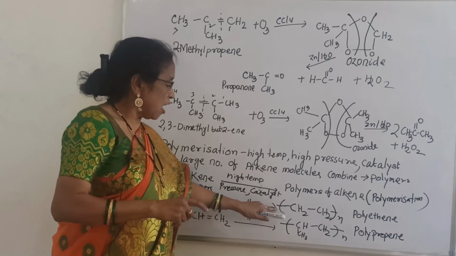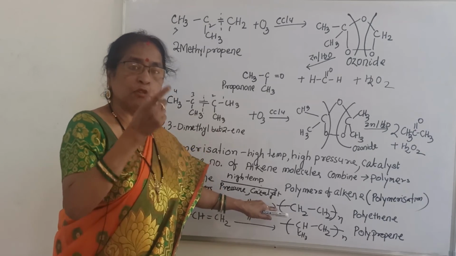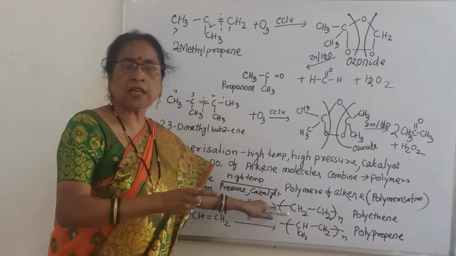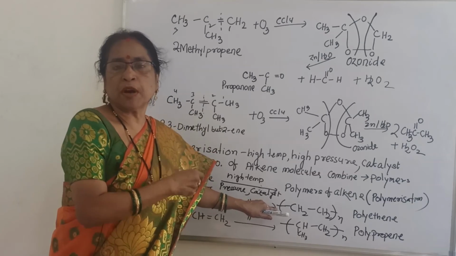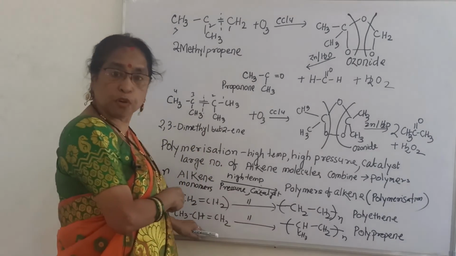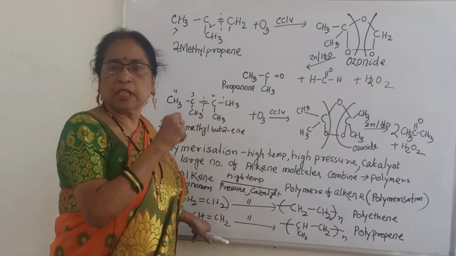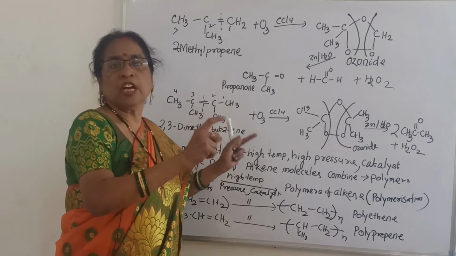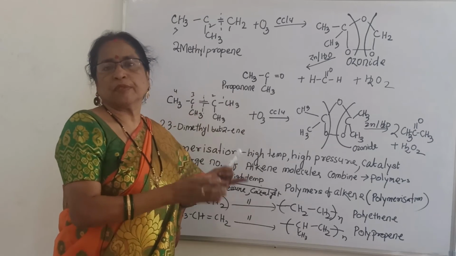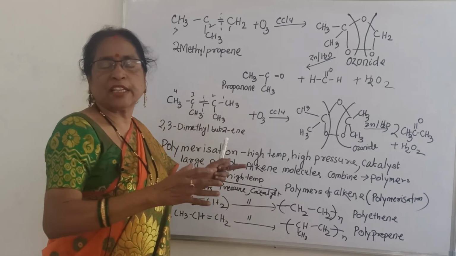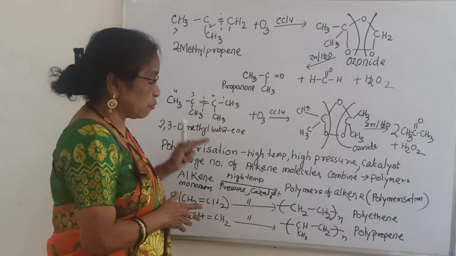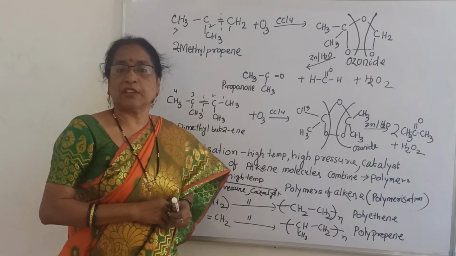So you can't start or end, you show only a part of the polymer, which monomer you are taking and the number. n is a large number, you write the monomer, and put the polymer as a part in brackets. You can't write the whole polymer, and this process is called polymerization.